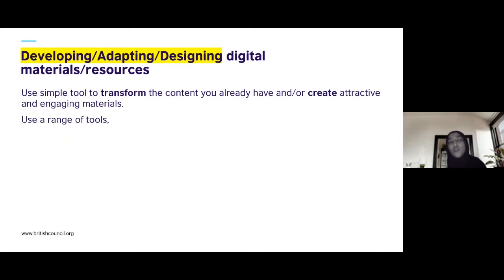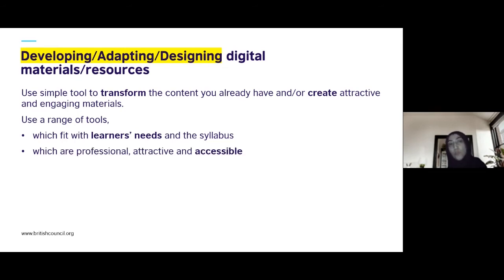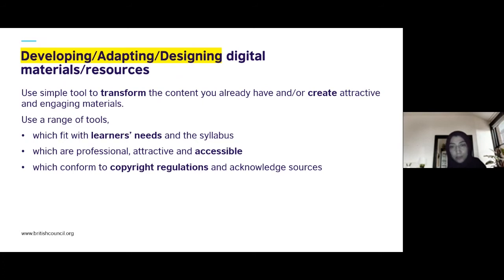While doing this, make sure you use a range of tools with these specifications. The tool fits with the learner's needs and the syllabus. The tool is professional, attractive, and accessible. While developing or designing your own material, please conform to the copyright regulations. Make sure you are on top of that. Make sure your content is culturally appropriate. We've covered that.